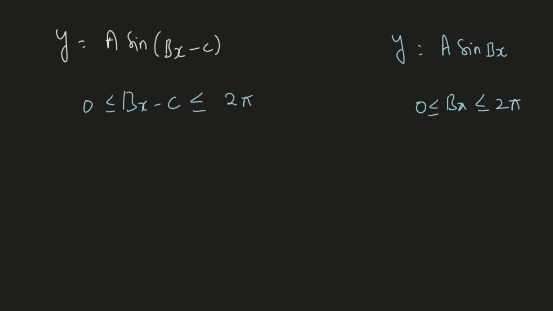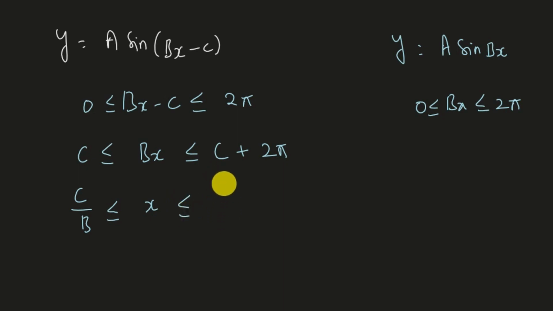Now add c to both sides. So 0 plus c is c, and here this would become bx, less than or equal to c plus 2 pi. Now divide by b. So c by b is less than or equal to x, less than or equal to c by b plus 2 pi over b, right?